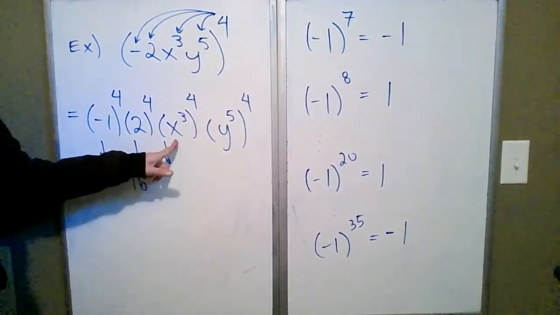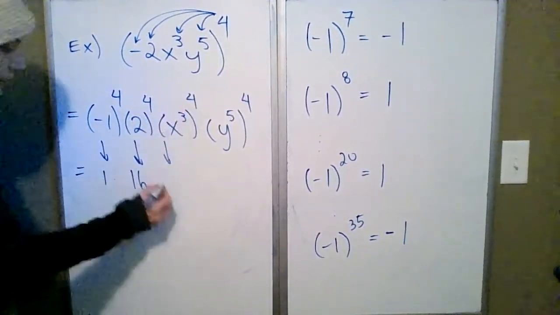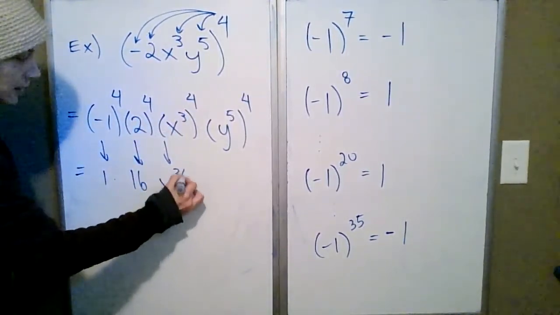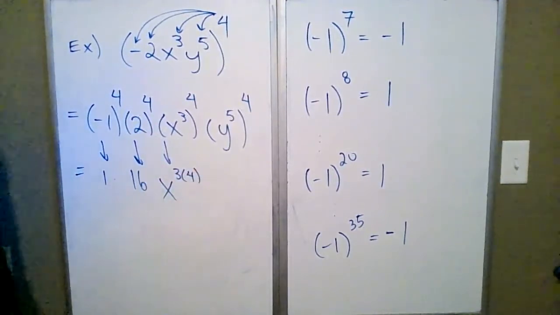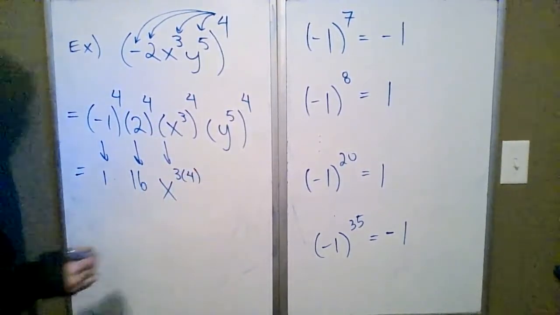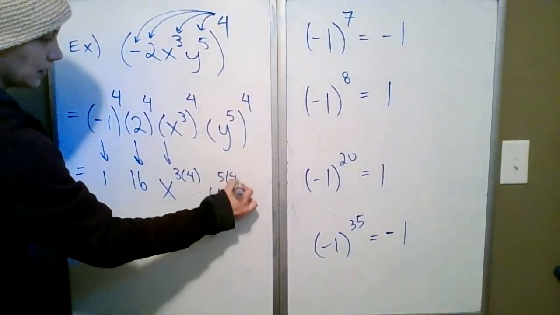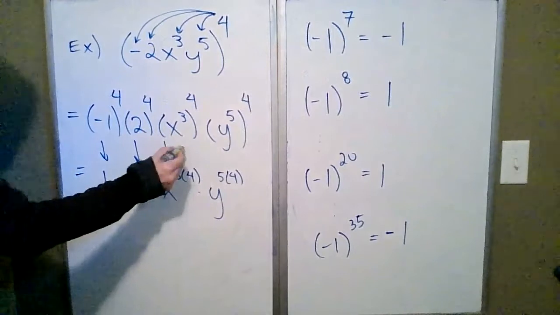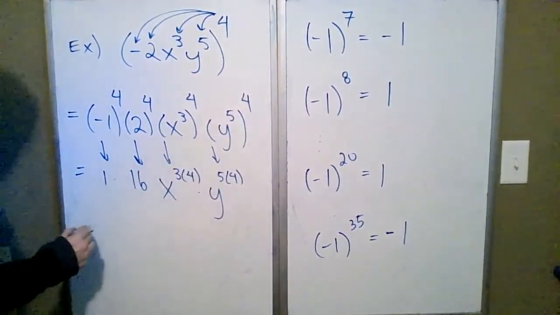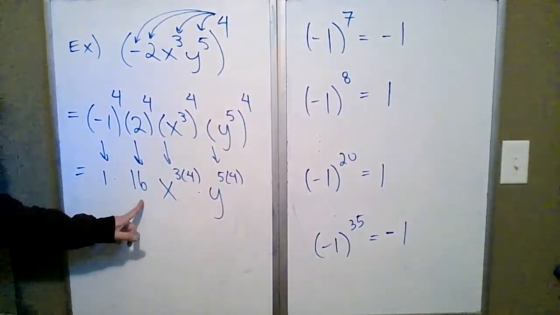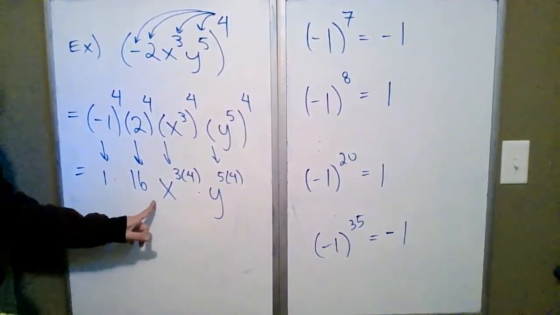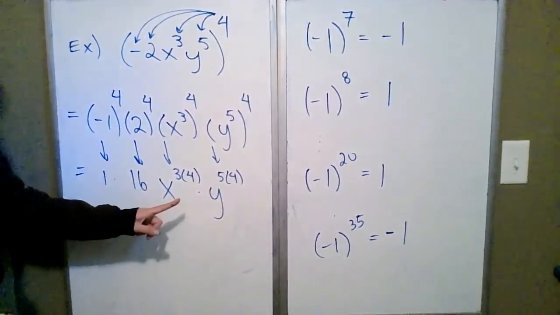This is x to a power of 3 times 4. Y has a power of 5 times 4. Okay, so 1 times a number is this number, 16. X to the 12th, y to the 20th.